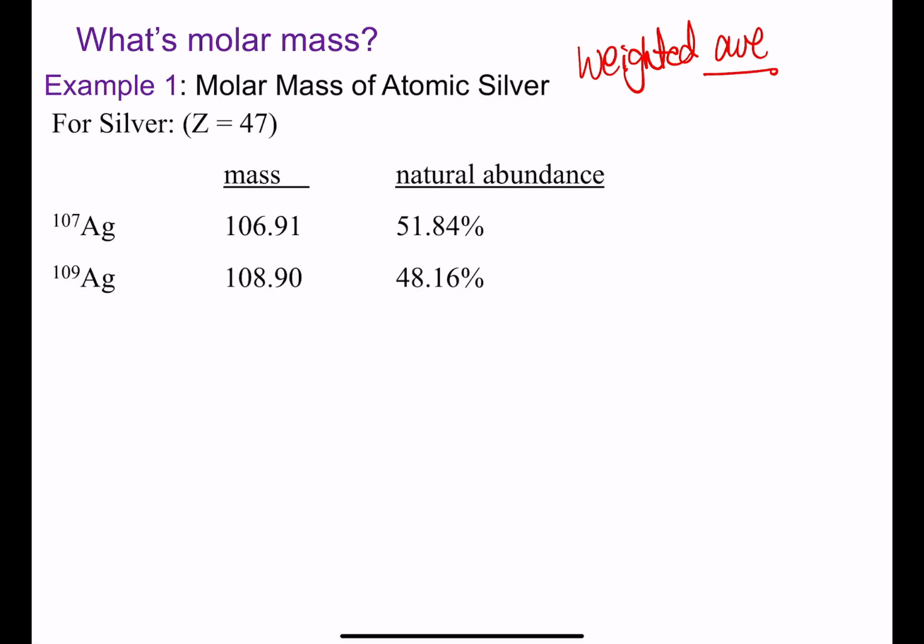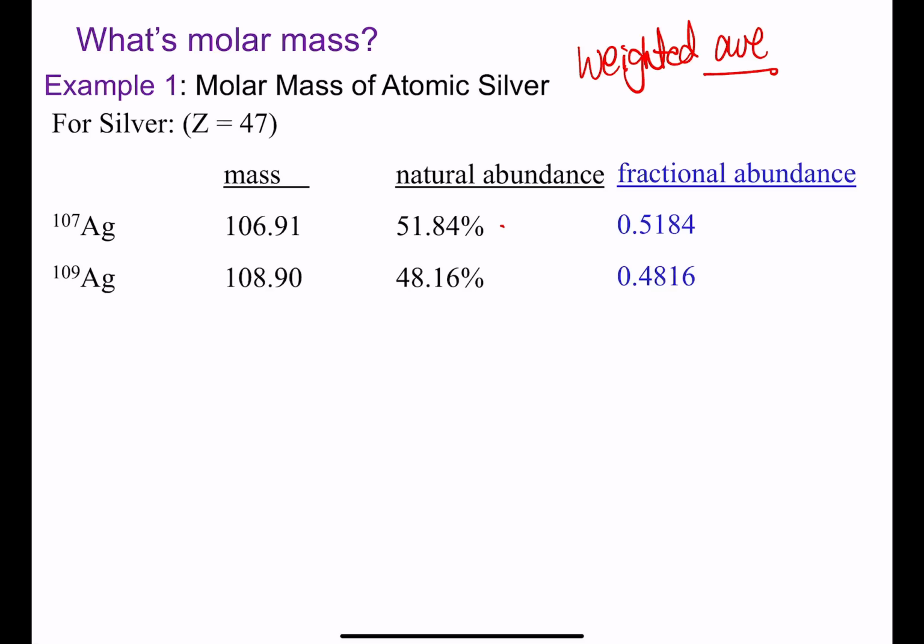For example, silver has two isotopes, silver 107 and silver 109. The silver 107 has a mass of 106.91 atomic mass units, or if we're thinking about a collection of atoms, we tend to think about that as grams per mole. And it accounts for a little over half, 51.84% of the natural abundance of silver. The rest is silver 109 that weighs 108.90.